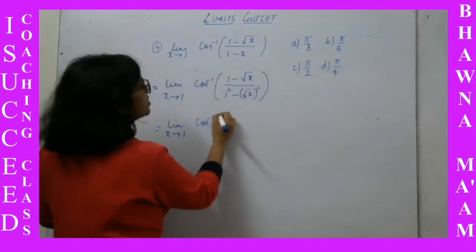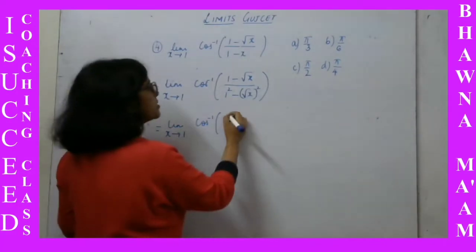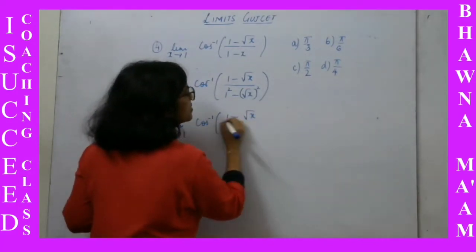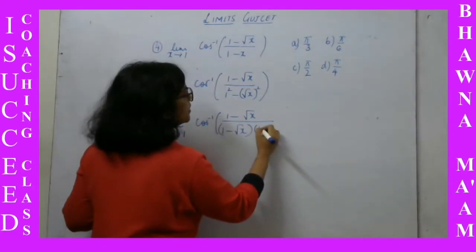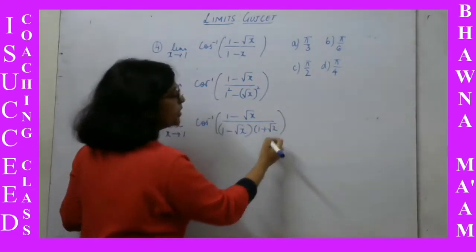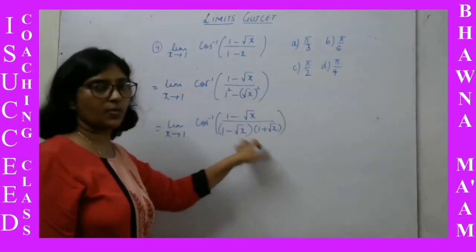Why did we think of this? Because when you put 1, it is going to be 0 by 0, and whenever it is 0 by 0, you either substitute the formula or you simplify it. Any one of the formulas of limit, or you have to simplify. So over here we are applying a square minus b square.